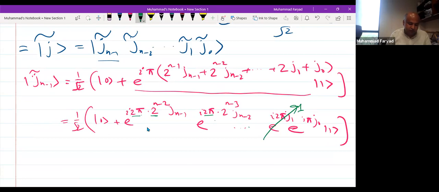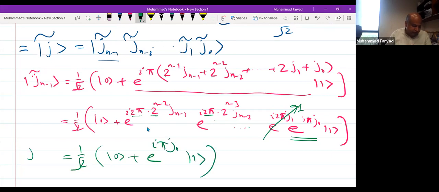So all the phase terms are 1 except this last term, because exponential iota pi j naught is 1 when j naught is 0, and it is minus 1 when j naught is 1. So this term simplifies to 0 plus exponential iota pi j naught, which I can easily get with a Hadamard gate.